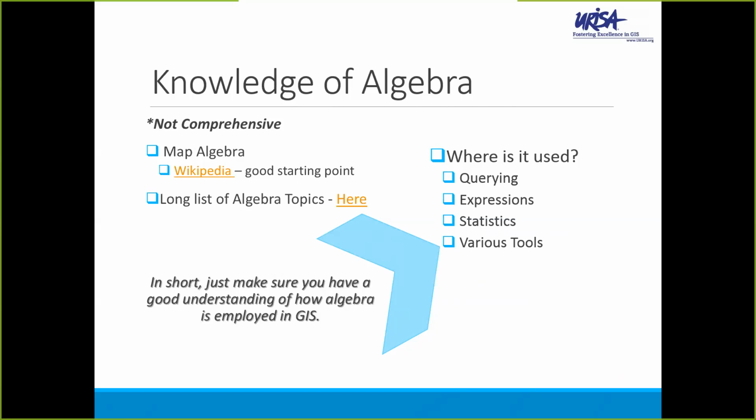In short, just make sure you have a good understanding of how algebra is employed in GIS, and it's employed in many different places. And when you're doing expressions or query, there's so many different places you can use it. You can use it when you're trying to represent data, or when you're actually doing analysis to get a specific answer, or to answer your question, basically.